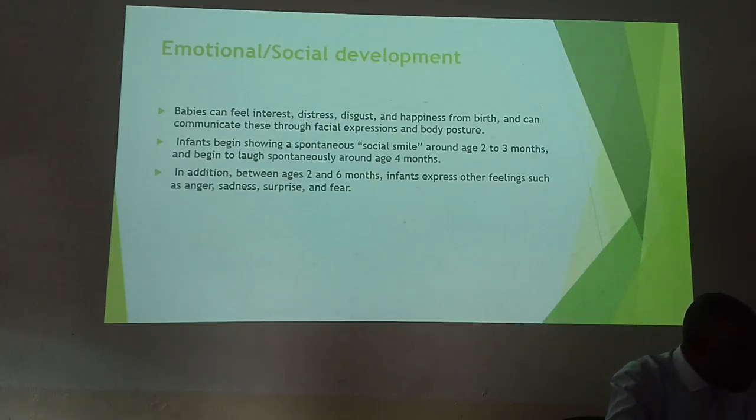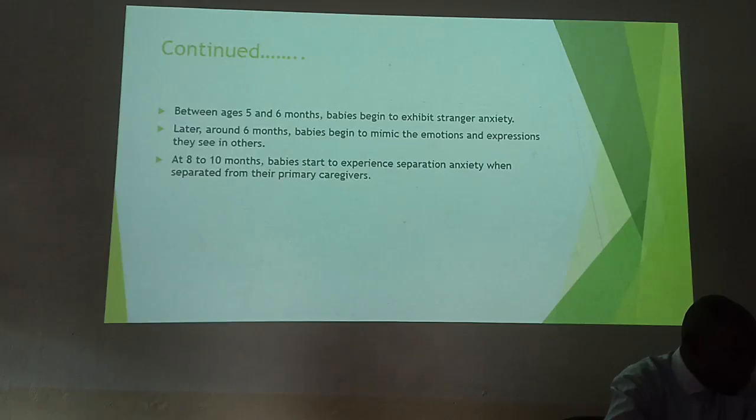Infants begin showing a spontaneous social smile around age 2 to 3 months, and begin to laugh spontaneously around age 4 months. In addition, between ages 2 and 6 months, infants express other feelings such as anger, sadness, surprise, and fear.